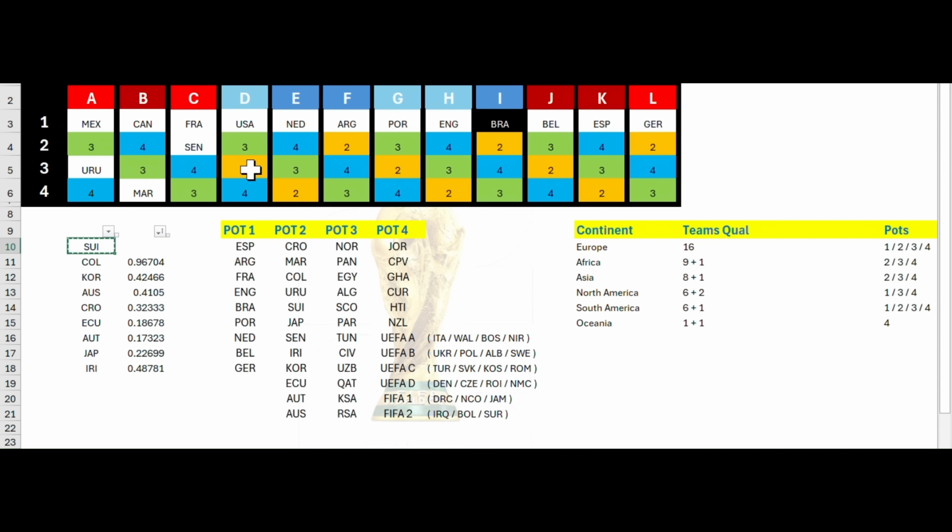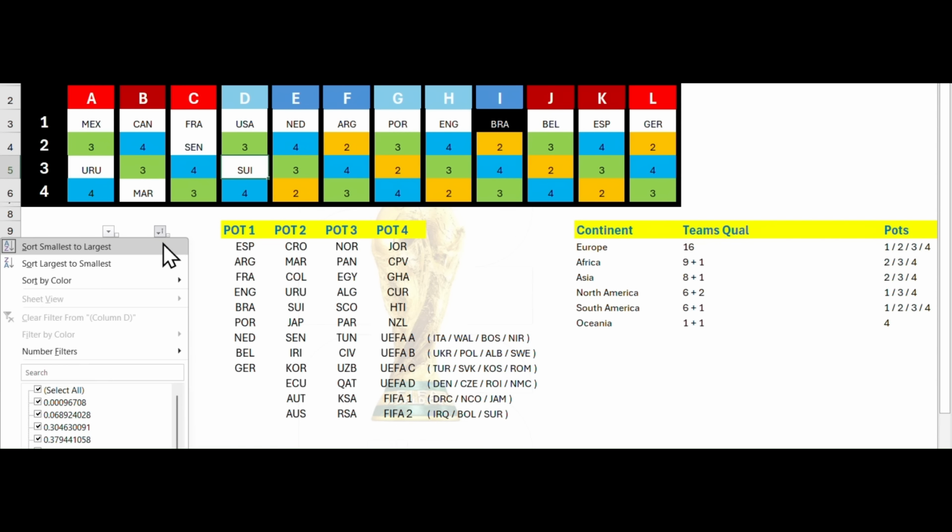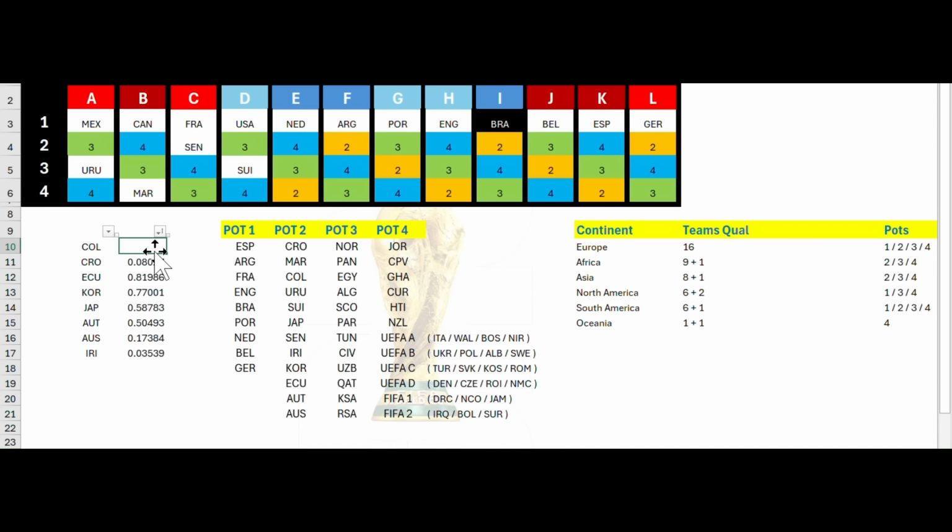Switzerland into the USA's group. Colombia into Group E. Austria to Group F. Australia to Group G. Japan to Group H. And Croatia.